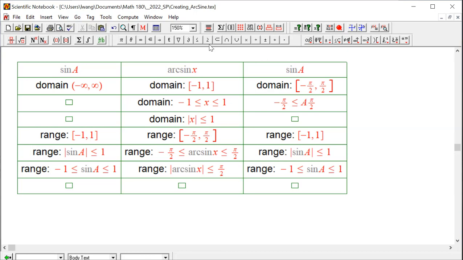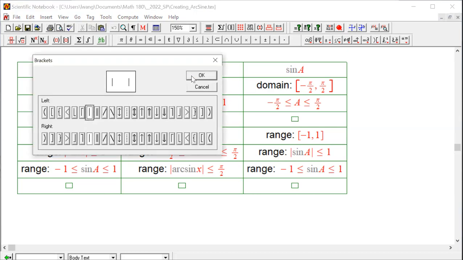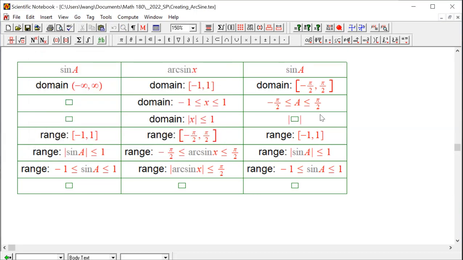We know all of these facts. But unfortunately, this function is rarely used. The absolute value of A is less than or equal to pi over 2, for domain expression.